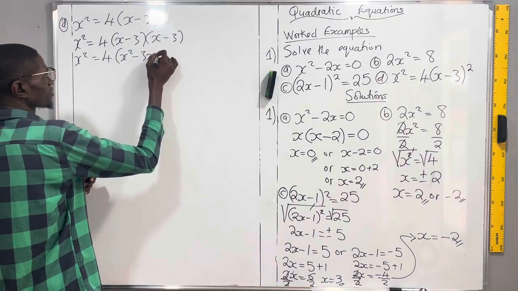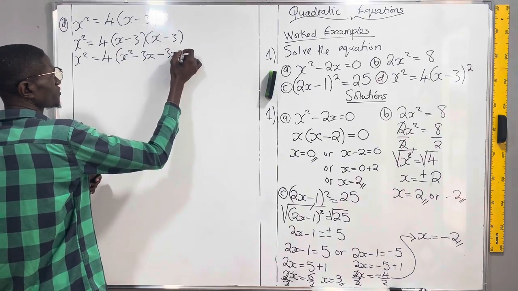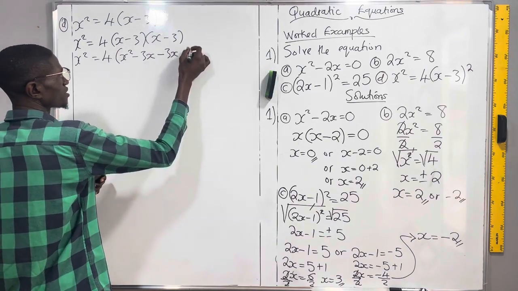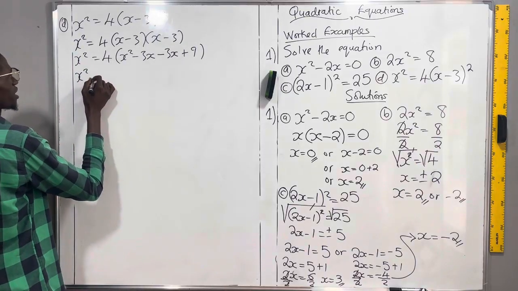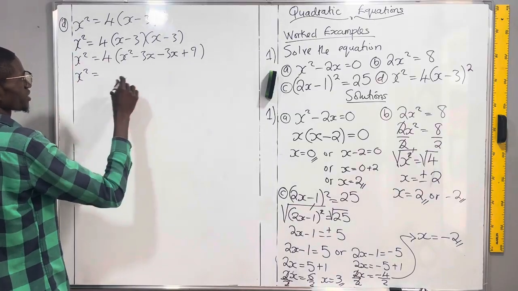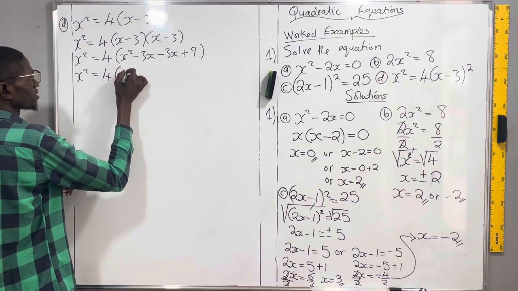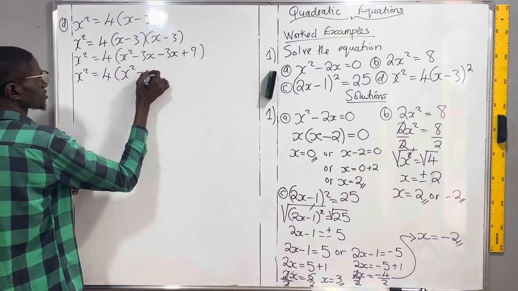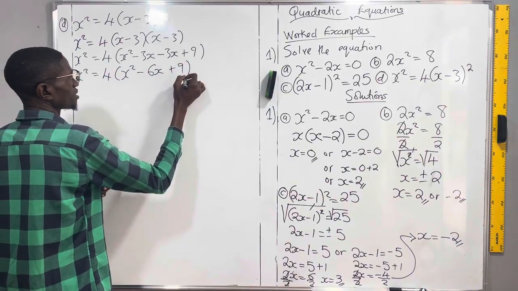Negative times positive, negative. 3 times x, 3x. Negative times negative, positive. 3 times 3, 9. Close the bracket. Then we can simplify the middle values. x squared is equal to 4, open bracket, x squared, these are like terms which give us negative 6x, plus 9, close bracket.